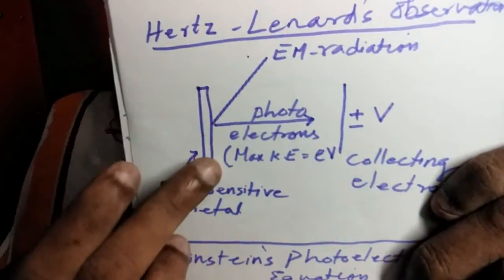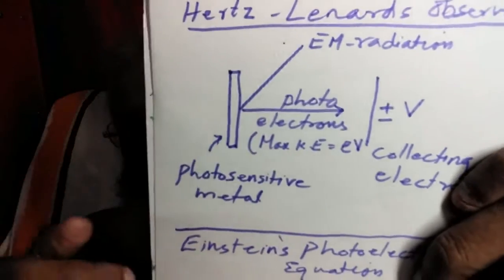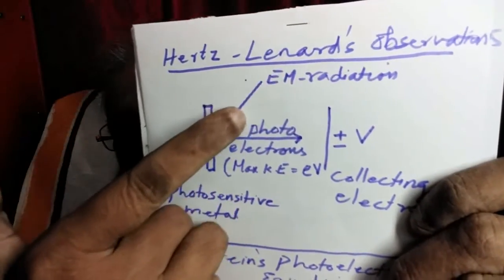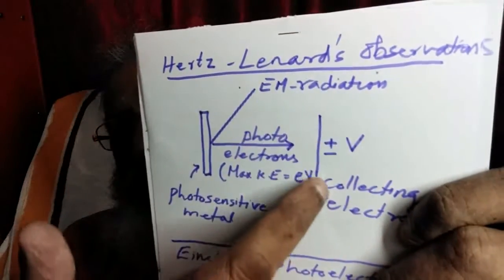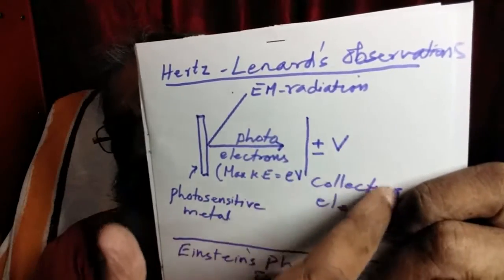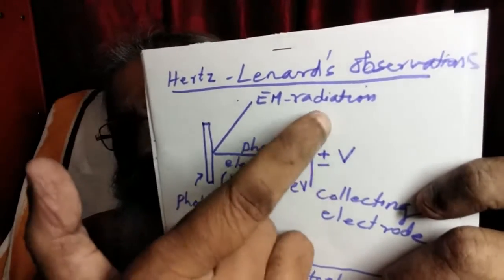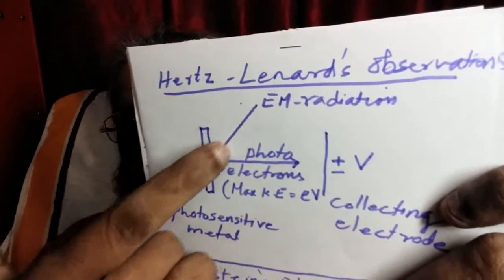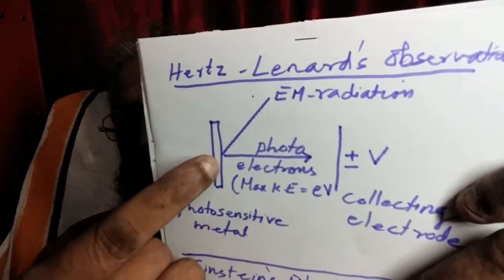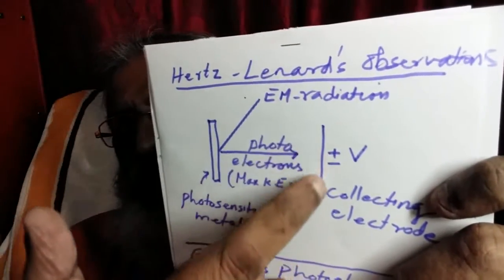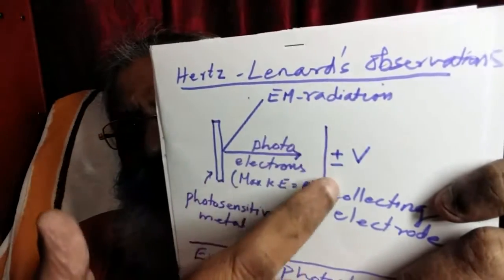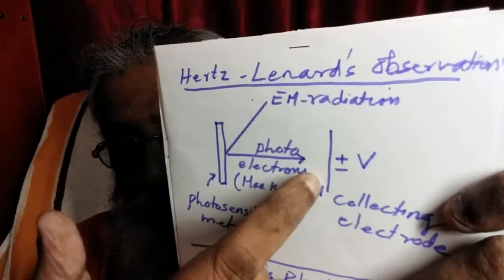Potassium, cesium, etc. Suppose this be a potassium plate or a metal plate coated with potassium, and electromagnetic radiations are allowed to fall upon this plate. There is a plate connected to the positive terminal of a battery. We call it collector. When radiations fall upon this potassium coating, electrons are emitted and these electrons are attracted by the positive collector plate. This constitutes a current. This is known as photoelectric current.